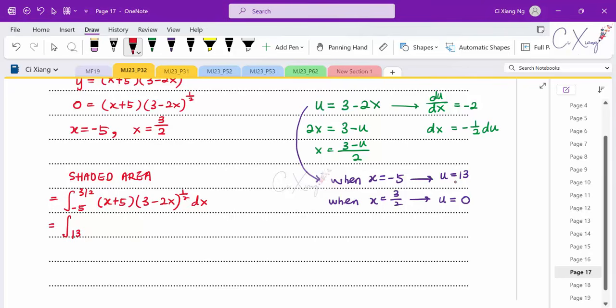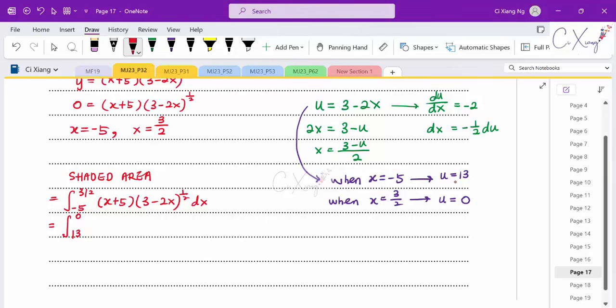If -5 is at the bottom, I just put 13 there. When x equals 3 over 2, I get u equals 0, so I put 0 on top. Although after changing the limits the bigger value is at the bottom, it is fine. We need to follow the original location of the original limit. So you keep 13 at the bottom and 0 on top.